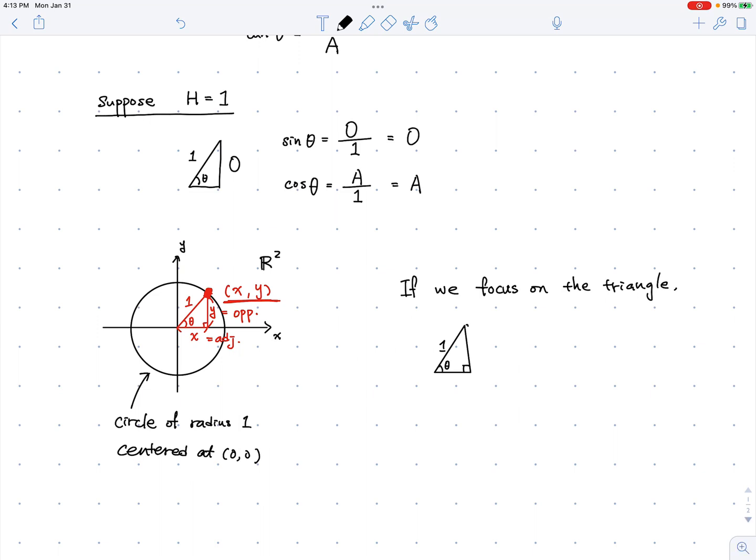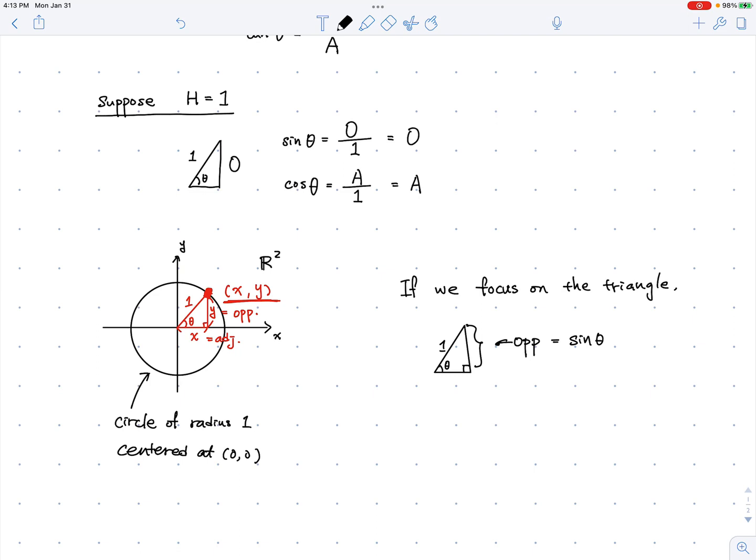And this angle, let's say it's theta, then we would know that the opposite, which is this part, is sine theta, right?